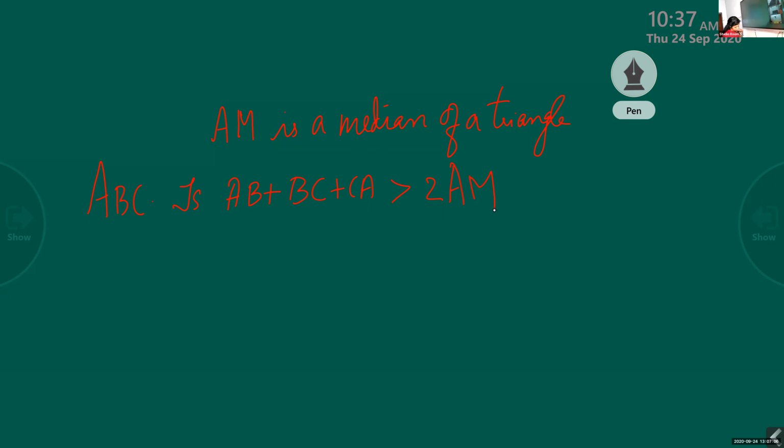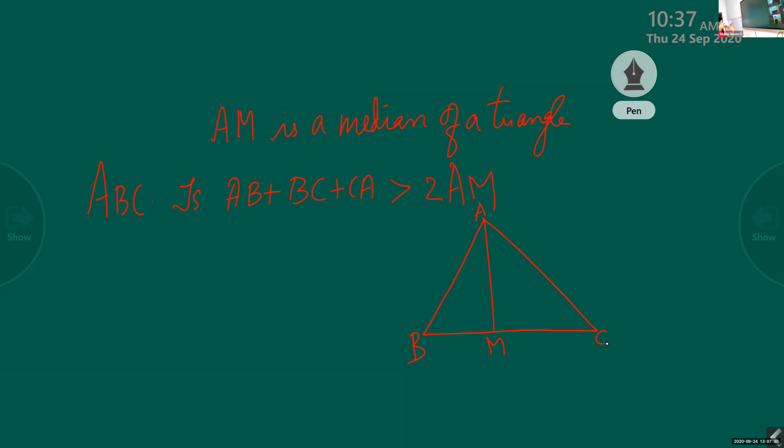The problem figure is given. This is the figure given.